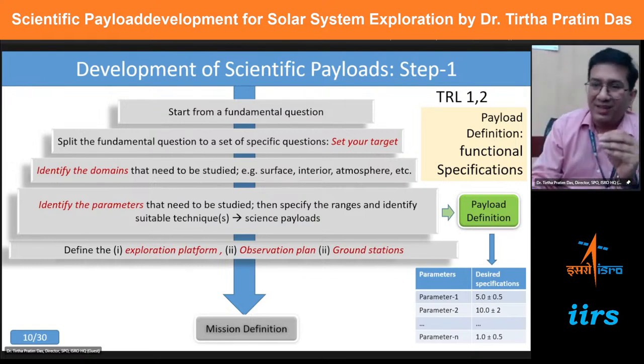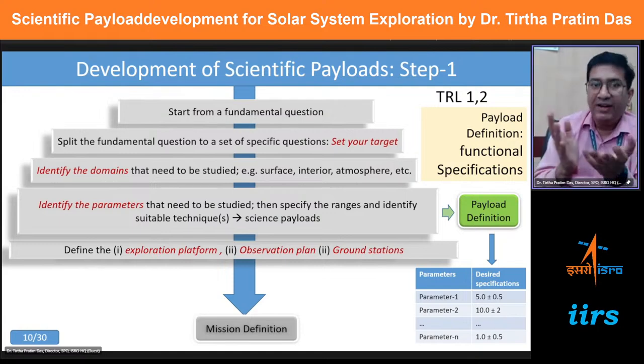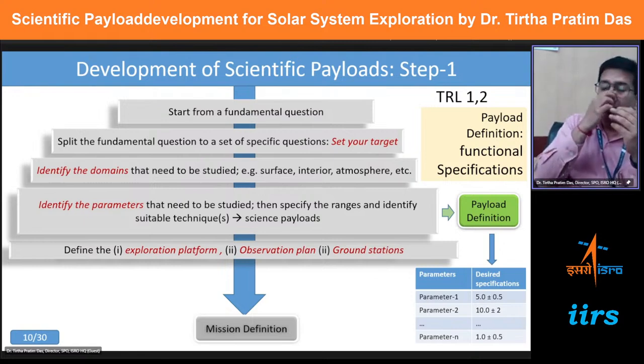Those who remember my previous lecture, I have given you a glimpse of how mega projects are formulated, how a mission is formulated, right? So basically you start from a fundamental question and you split this fundamental question to a set of specific questions, set your target, and then identify the domains to be studied, whether you want to study the surface or interior or atmosphere.